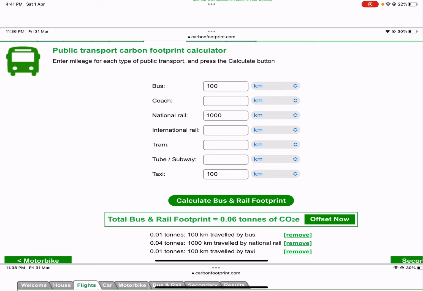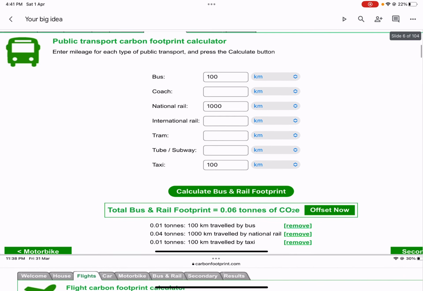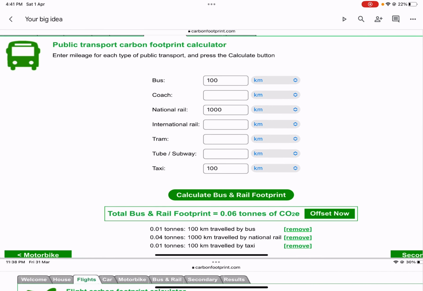It will be explained again in more detail as we proceed in the course. So here, in my example, the calculator has computed that the carbon footprint from the bus travel is 0.01 ton, from the rail travel is 0.04 tons, and by the taxi it is 0.01 ton, and the total comes as 0.06 tons of CO2 equivalent, like this.